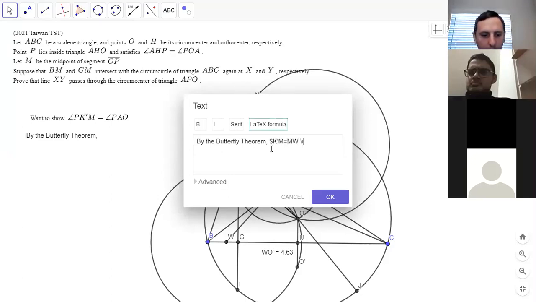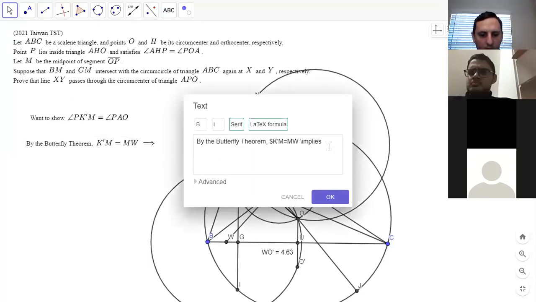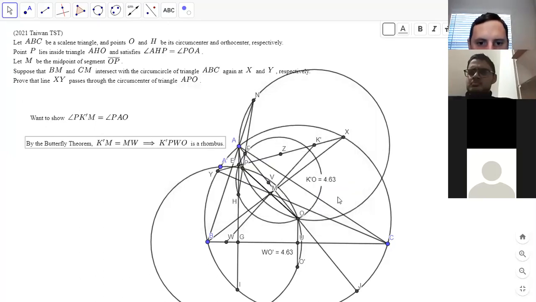And so that means that K prime PWO is a rhombus. And so then we have angle K prime MW.